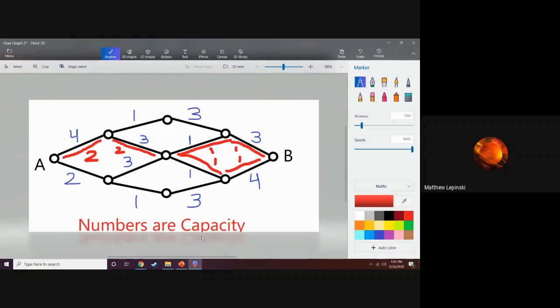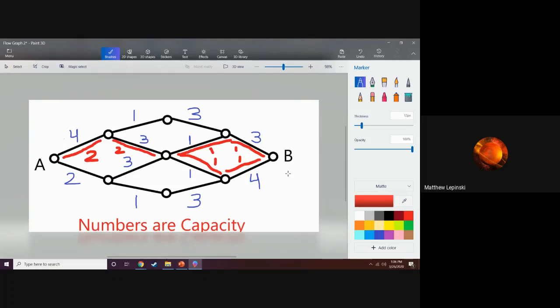Yeah, so there are a lot of different flows in this graph. In addition to this flow, another flow is I could just send one thing from here to here to here to here. I could just push things along the bottom, and I could push 1 person or 1 unit of water along the bottom.